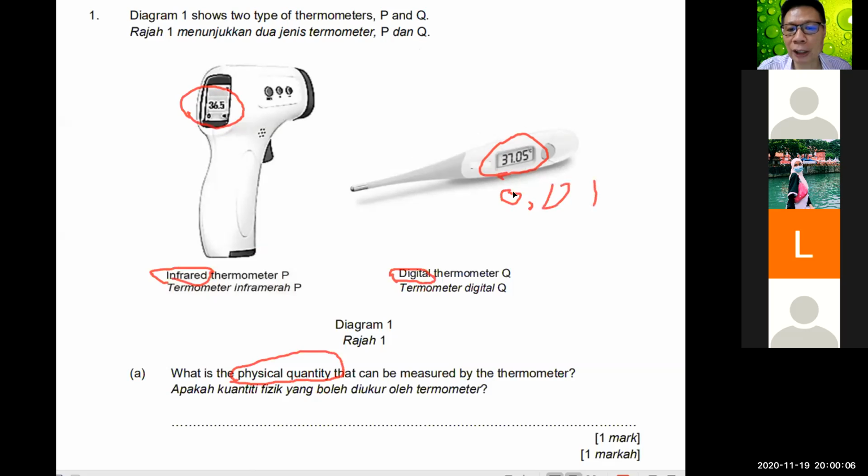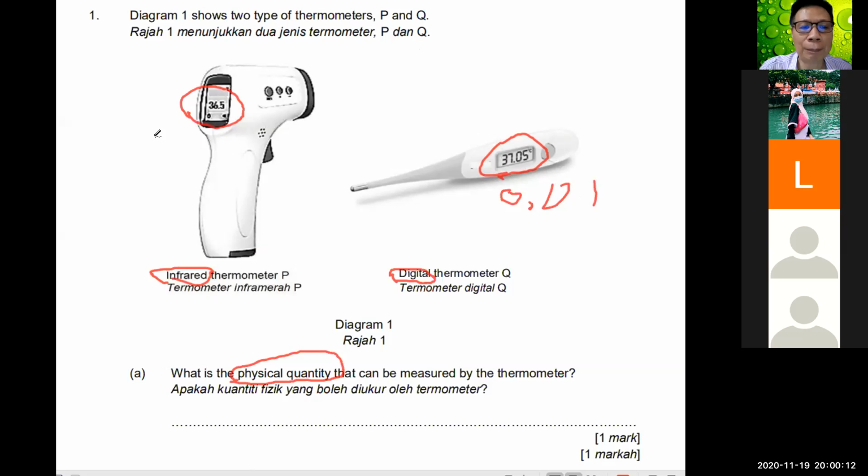This one can measure up to 0.1 only. So this is more sensitive. Understand?